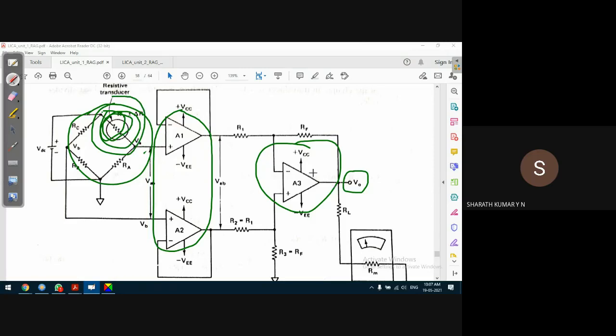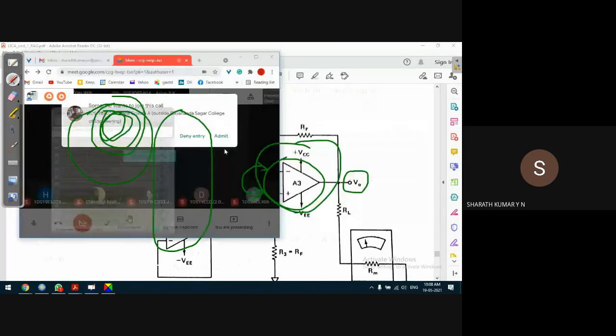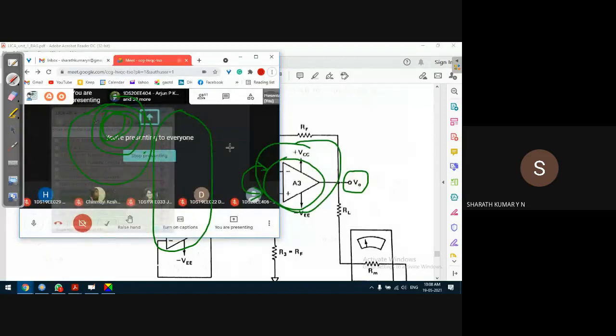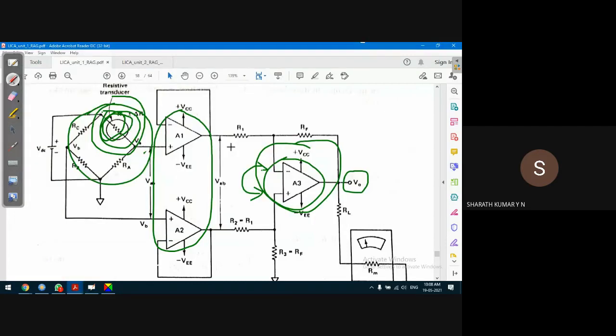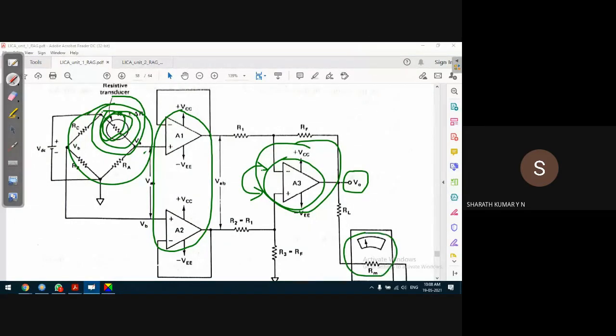A3 is a difference amplifier. The advantage of the difference amplifier is its very high common mode rejection ratio in an op amp, so any noise in the input signal will be nullified, and the output voltage is proportional to the physical quantity being measured as it undergoes changes. So it can be measured using a calibrated meter.